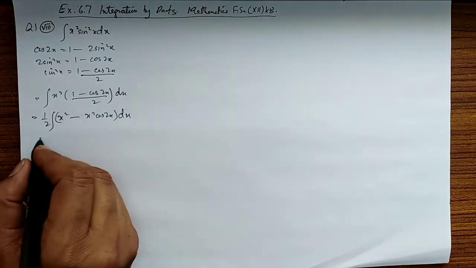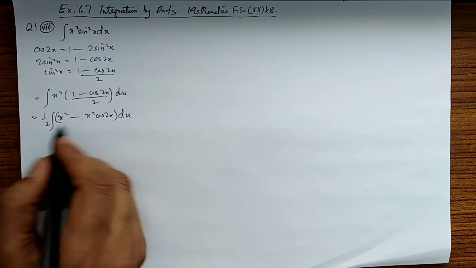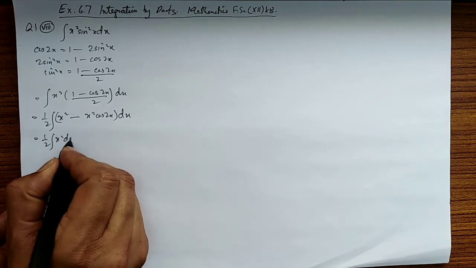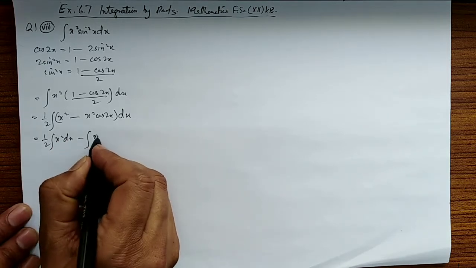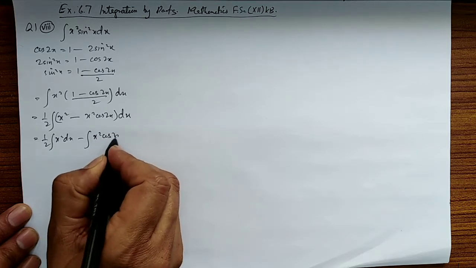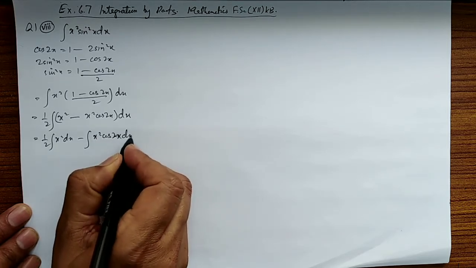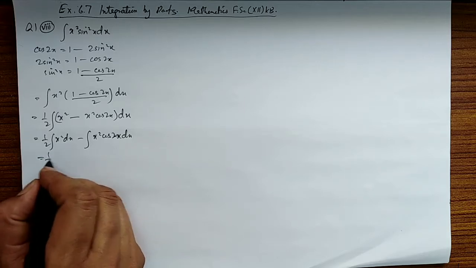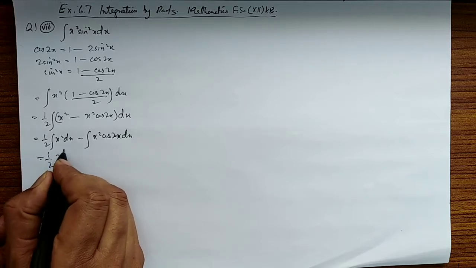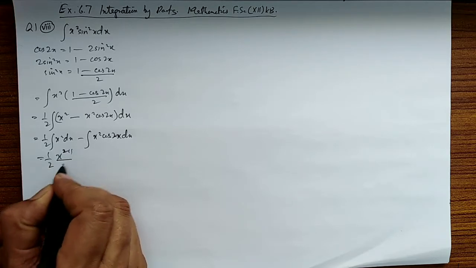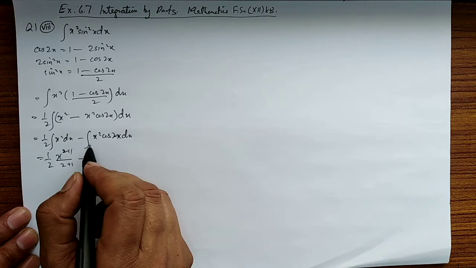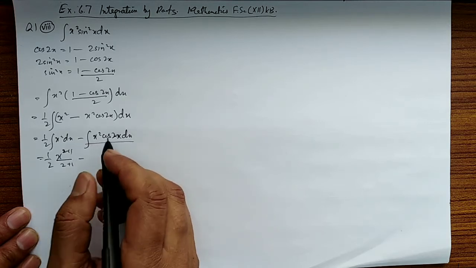Now applying the integral on each part, this one and this one. By integrating this part, we will get x power 2 plus 1, and now we are going to solve this one by using integration by parts.